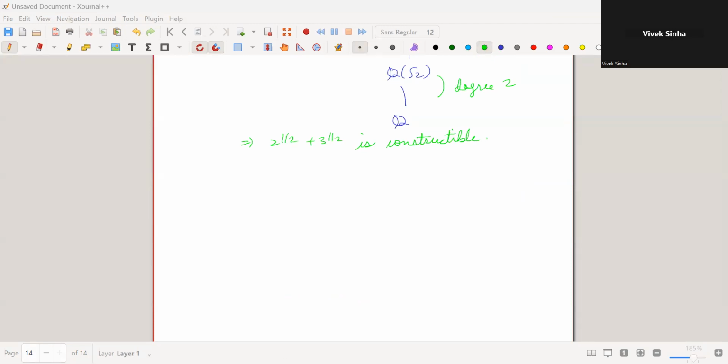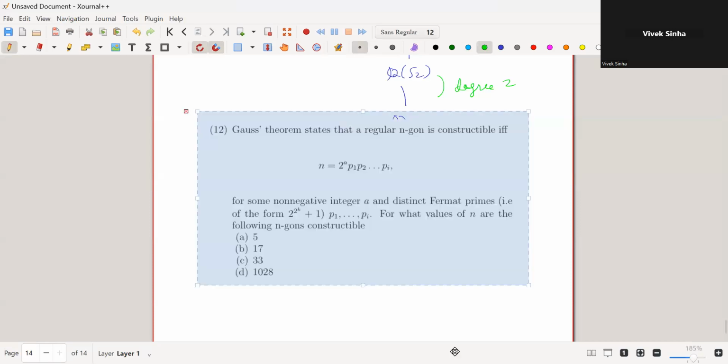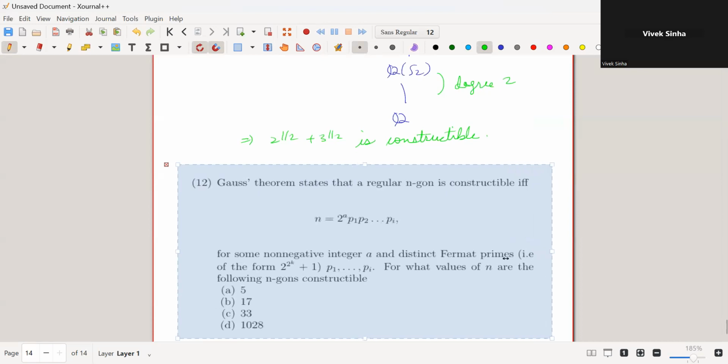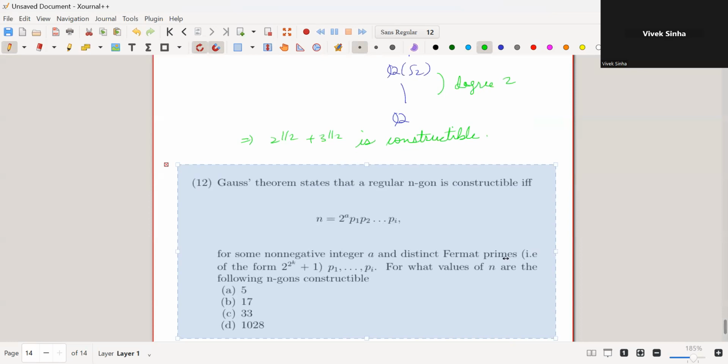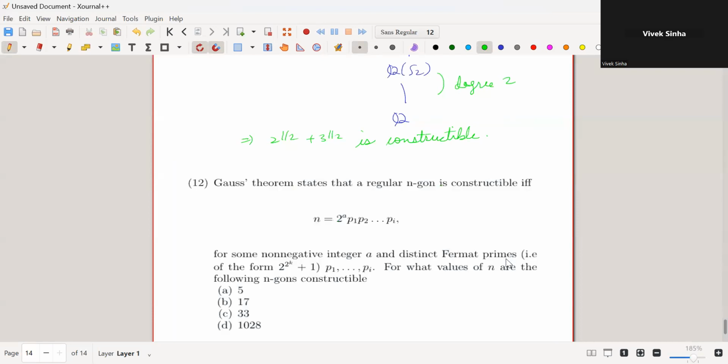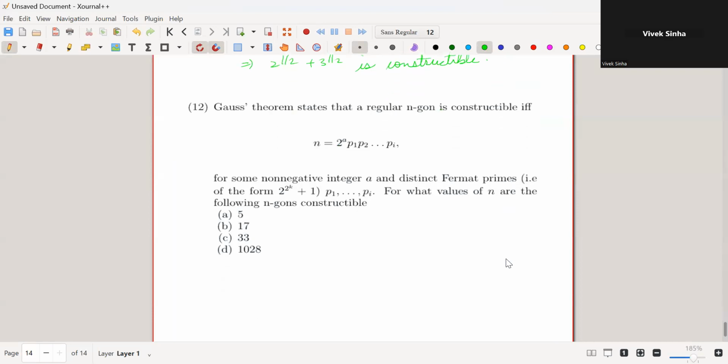So this question is easy once you understand the Gauss theorem. Gauss theorem says that a regular n-gon is constructible if and only if n equals some power of 2 times some distinct Fermat primes.